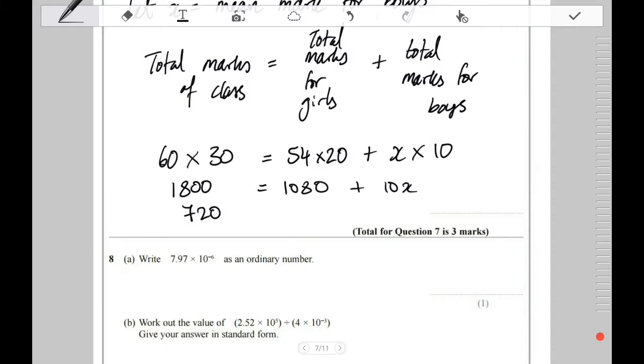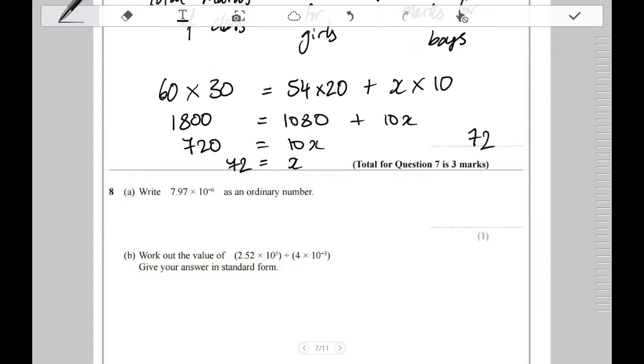That equals 720 on the left and 10x on the right. Divide both sides by 10, you get 72 equals x. X equals, or you can just write 72 because x is our notation.